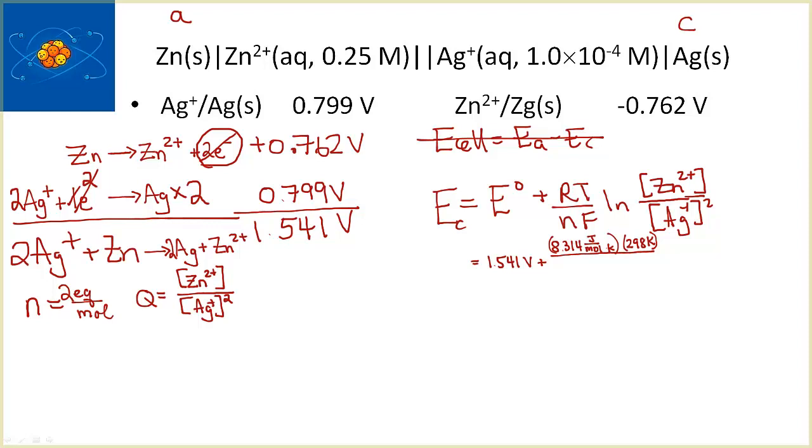Now for N, it's 2 equivalents per mole. Save a little space by writing like that.